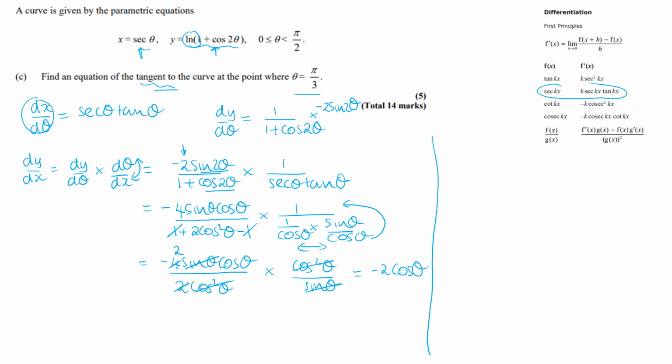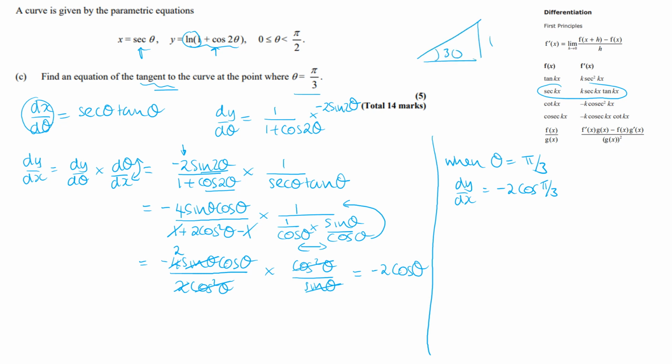So now we're ready to find all our bits to find the equation of the tangent. So when theta is equal to pi by 3, dy by dx is equal to minus 2 of cos of pi by 3. Now pi by 3 is 60, and do you know your special triangles?